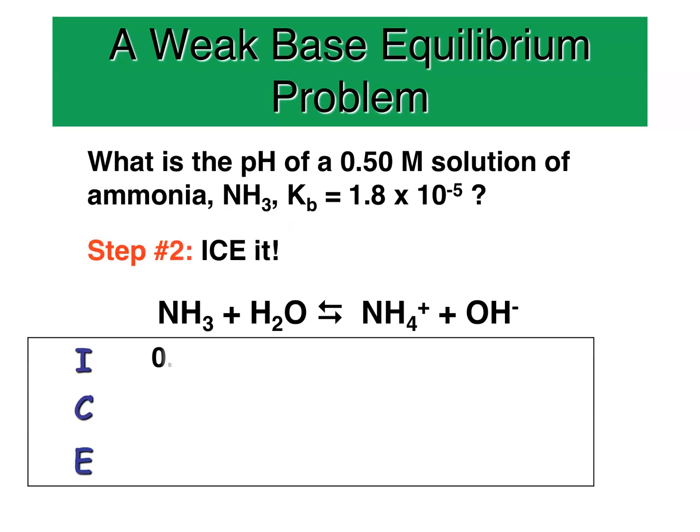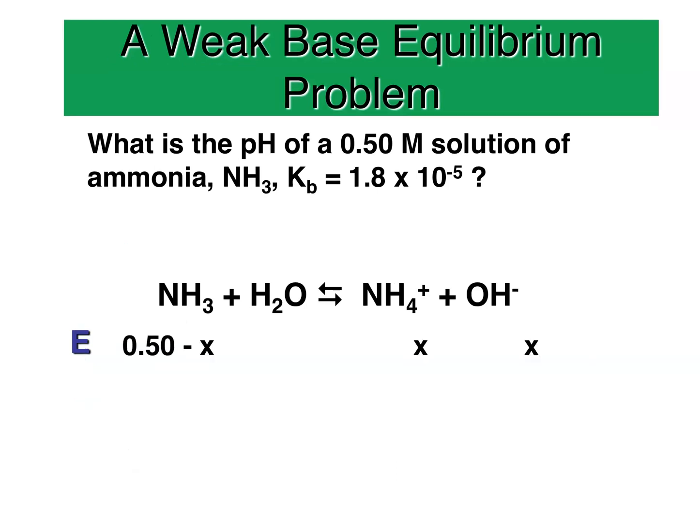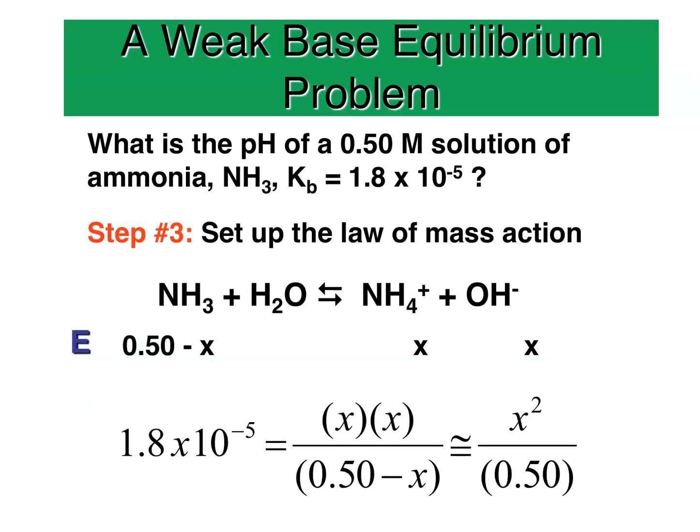So ICE table, again, nothing new. See, I'm even using the exact same numbers. Literally, because you can see the Kb for ammonia at the top is actually the same as the Ka for acetic acid previously. So it's identical in this example. Law of mass action, plug it in.